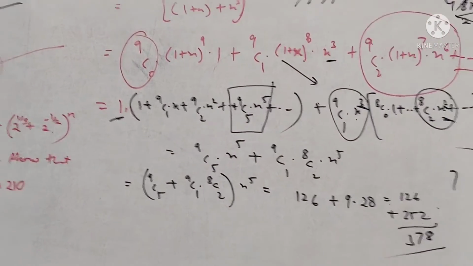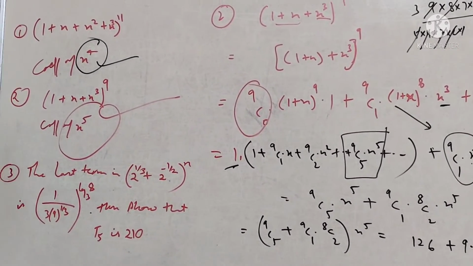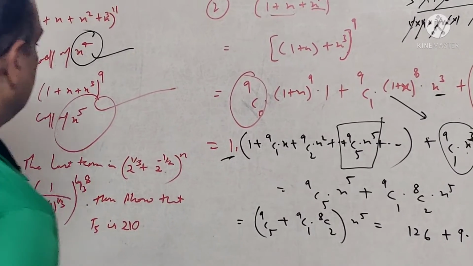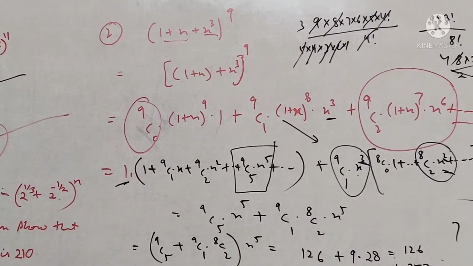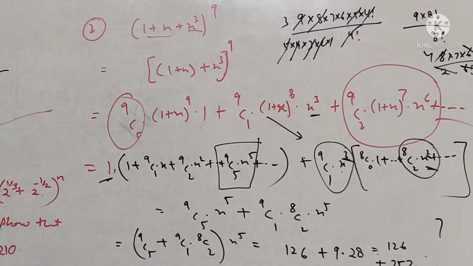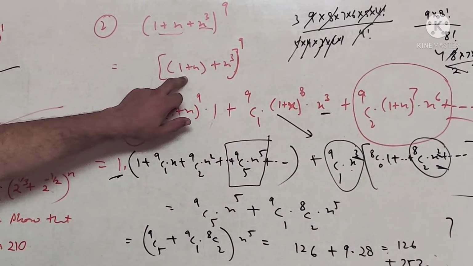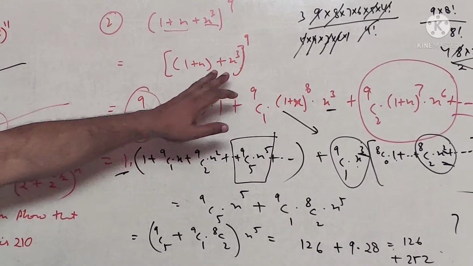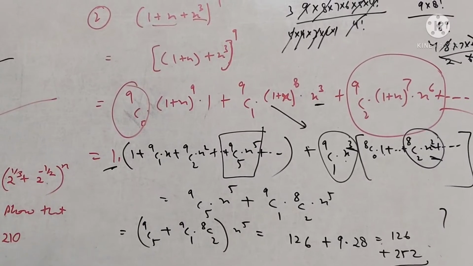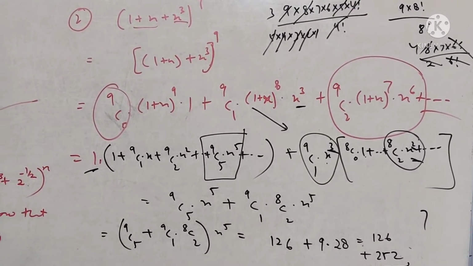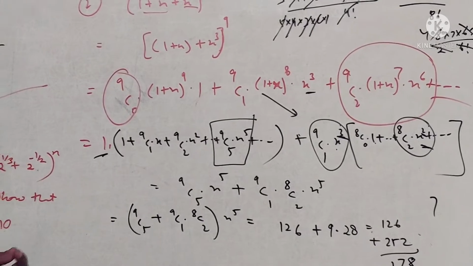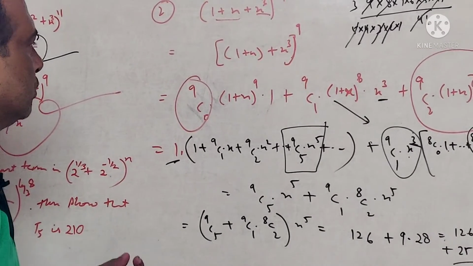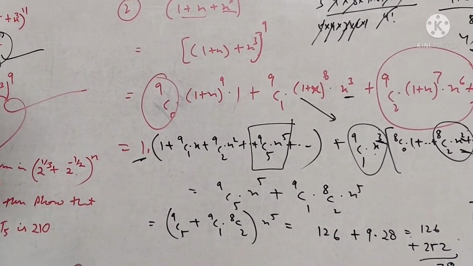If you expand (1 + x + x cube) whole raised to power 9, then the value of the coefficient of x raised to power 5 is equal to 378. The method is, first you have to take these two terms as one term, so it becomes (1 + x) in one bracket plus x cube, which remains as it is, whole power 9. On expanding, you must note that you have to choose those values where x power 5 is coming.